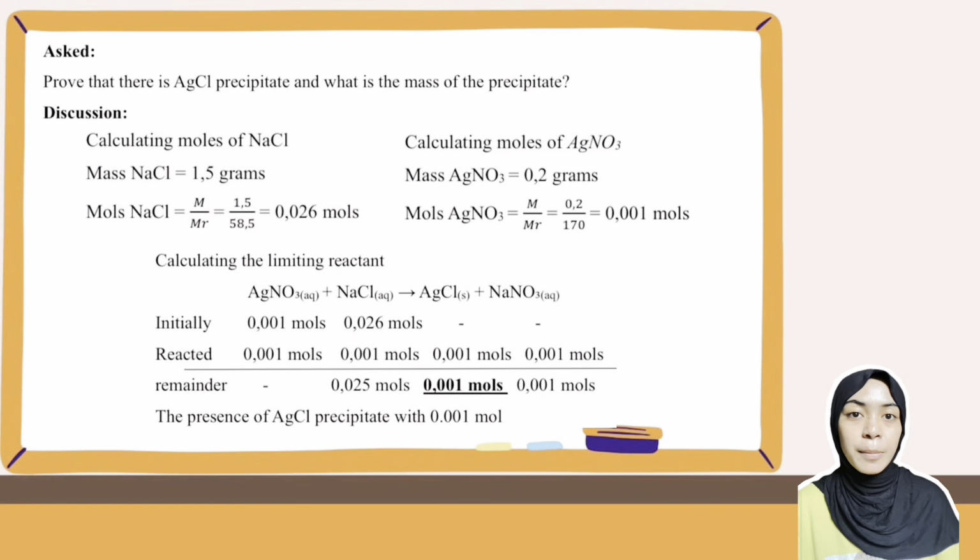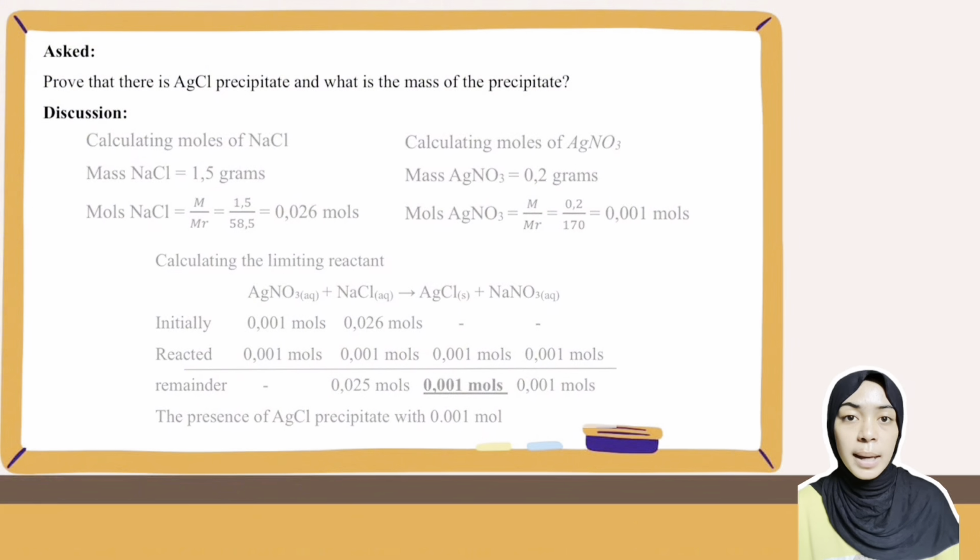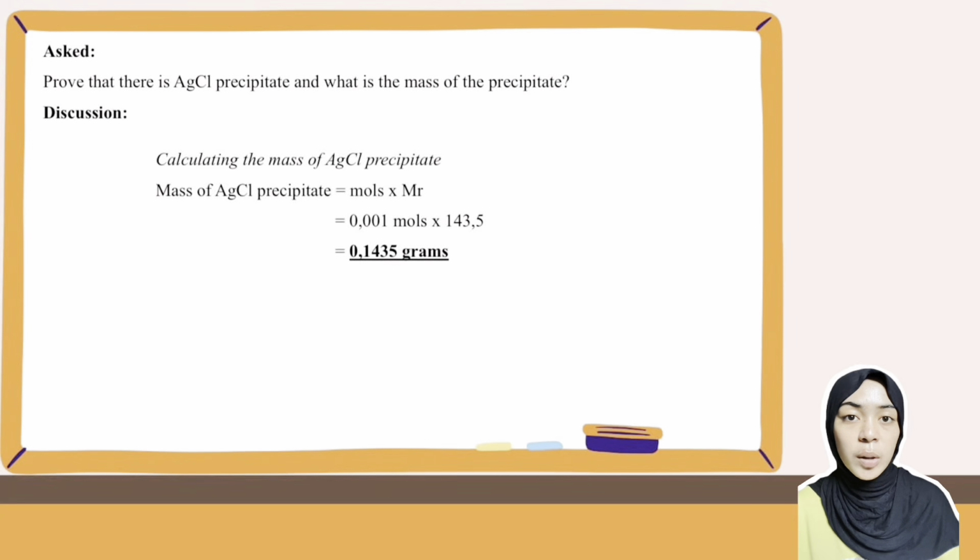Because the molar ratio between silver nitrate and silver chloride is 1:1, the moles of silver chloride formed will also be 0.001 moles. To find the mass of silver chloride, we multiply the moles by its molar mass. The Mr of silver chloride is silver plus chlorine, which is 108 plus 35.5, resulting in 143.5.